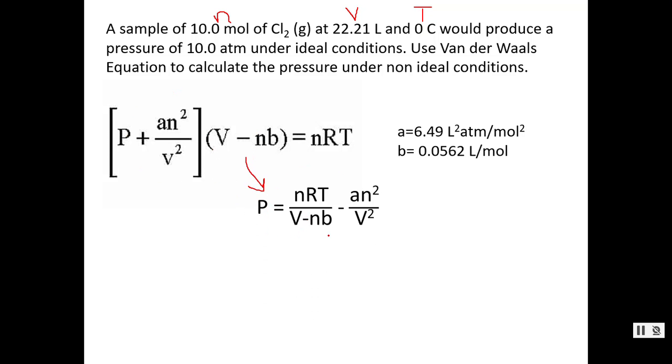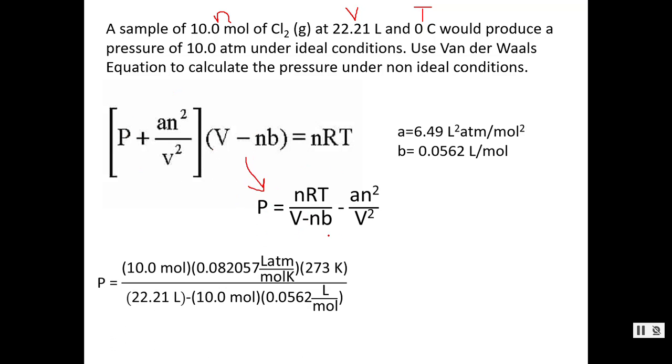I'm now at a point where I can input the appropriate data from the problem and the constants. You see a lot of weird units here, but when you look at the units canceling, only atmosphere remains; everything else cancels.